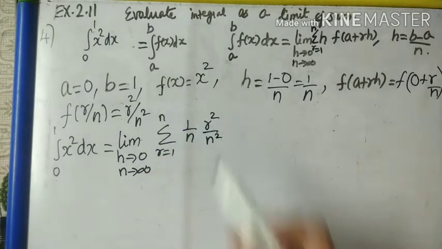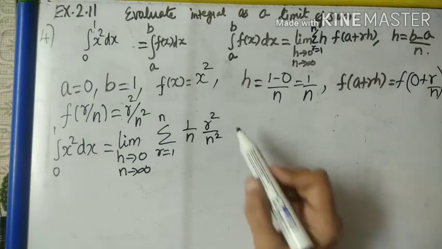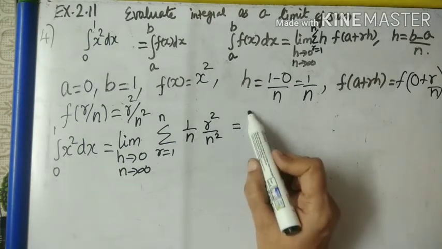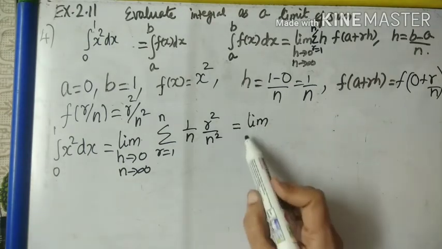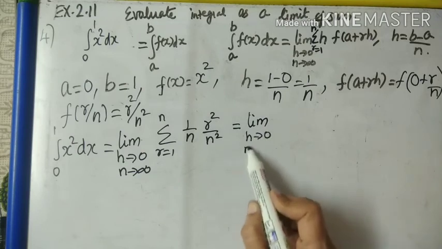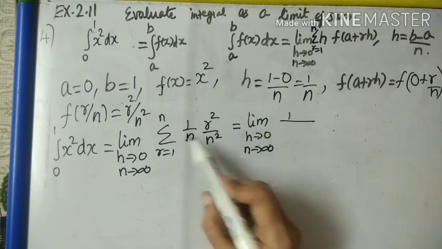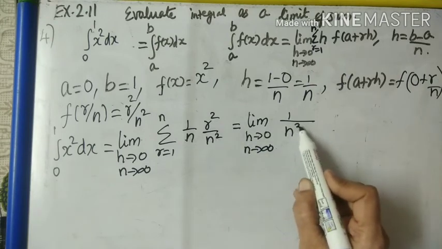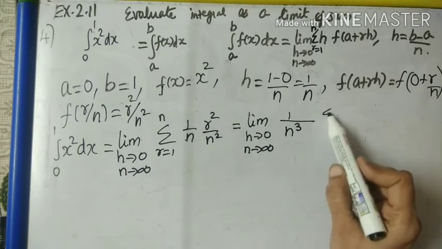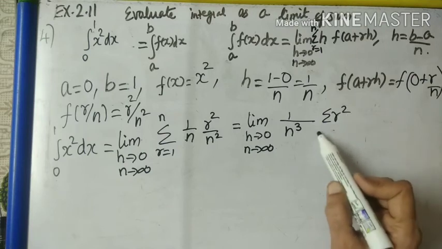And I want to apply sigma. Remember the formula. It is limit h tends to 0, n tends to infinity. 1 divided by n into n square is n cube. I am just left with sigma r square.